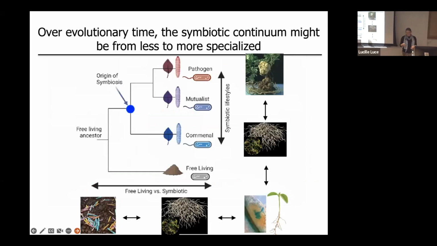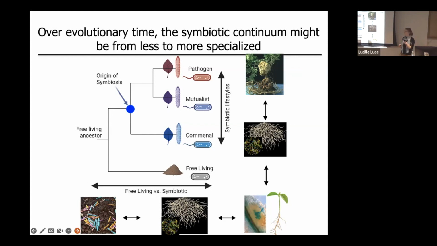And so my lab thinks about two symbiotic continuums. One is, over probably evolutionary time, from free-living to symbiotic. Microbes from the environment have to colonize hosts, and they have to circumvent these very specialized adaptations in immunity to colonize a host. Those adaptations might generally allow things like Brucella or Agrobacterium to be host associated.